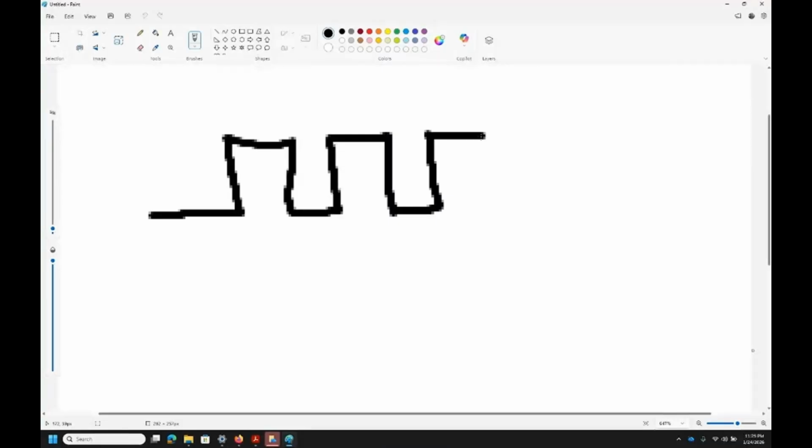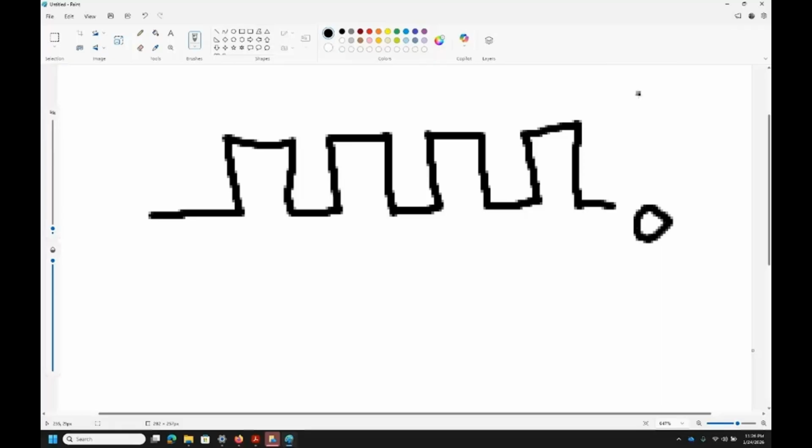Obviously, these lines are all meant to be straight lines. This is 0 and this is 1. So this is the rising clock edge, where the signal is going from 0 to 1. And this is the falling clock edge, where the signal is going from 1 to 0.